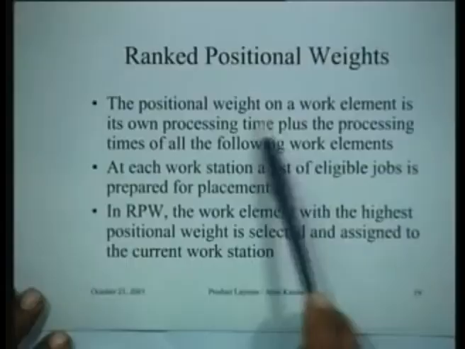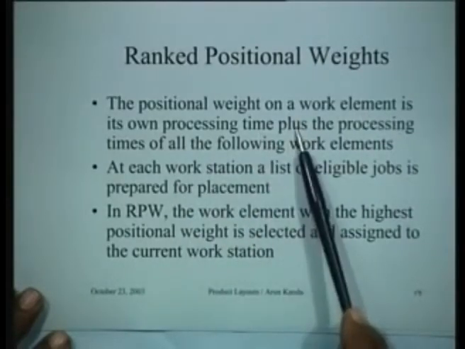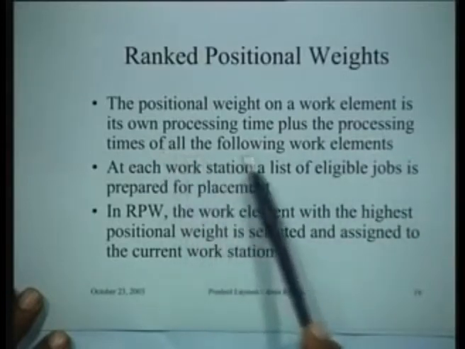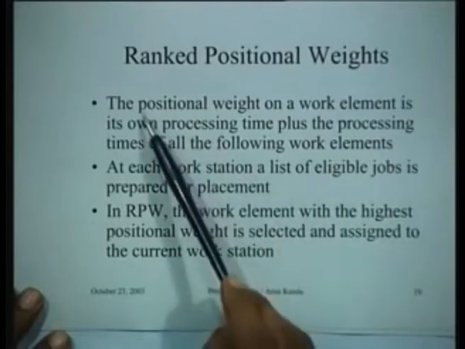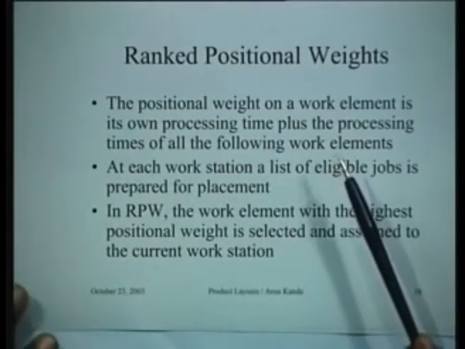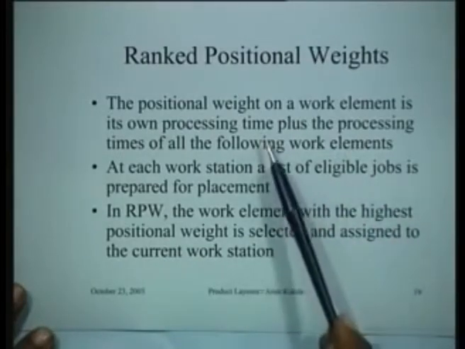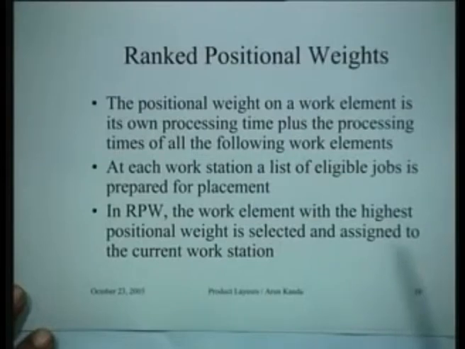So the positional weight of a work element is its own processing time plus the processing time of all the following work elements. So we define a positional weight for each element in the precedence diagram by saying that this is the time of that operation plus the times of all operations which follow it.